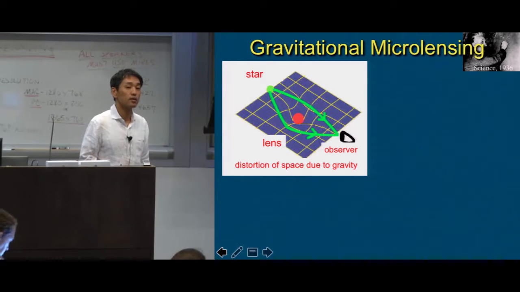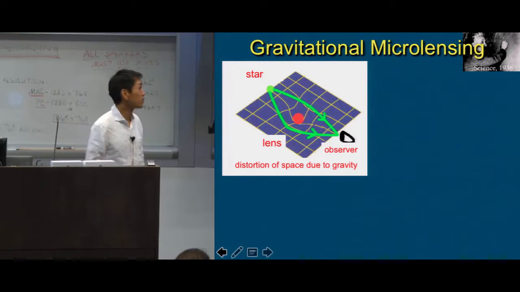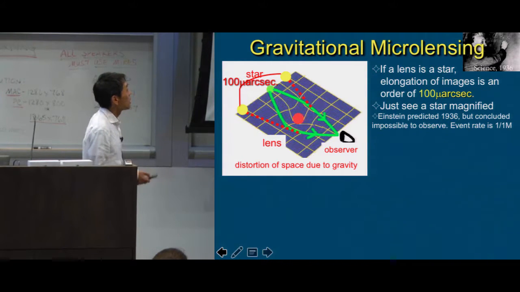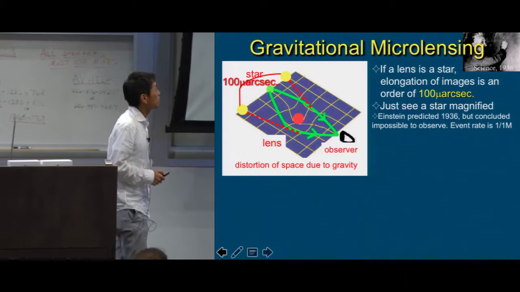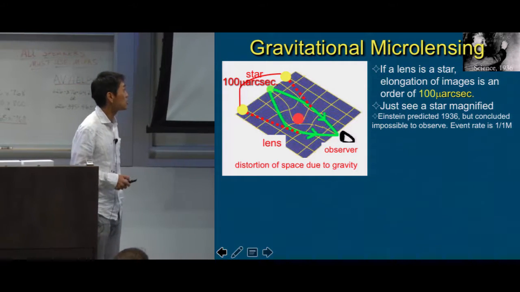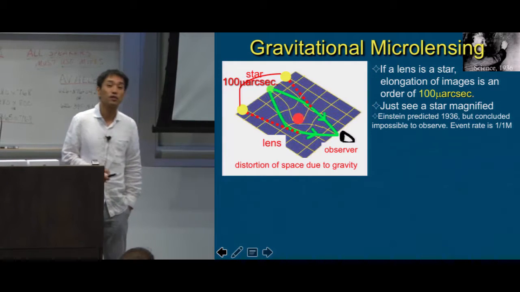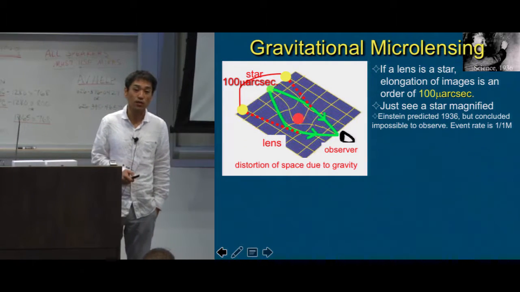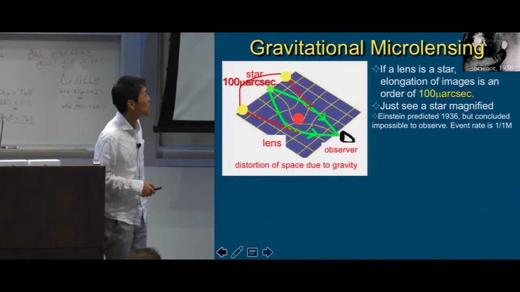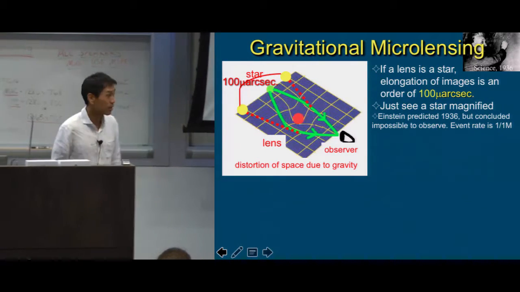I think you already know microlensing, so I'm going to skip this explanation. But this microlensing was predicted by Einstein in 1936, but he concluded it is impossible to measure such a phenomenon because the chance of such an event is once in 1 million stars.